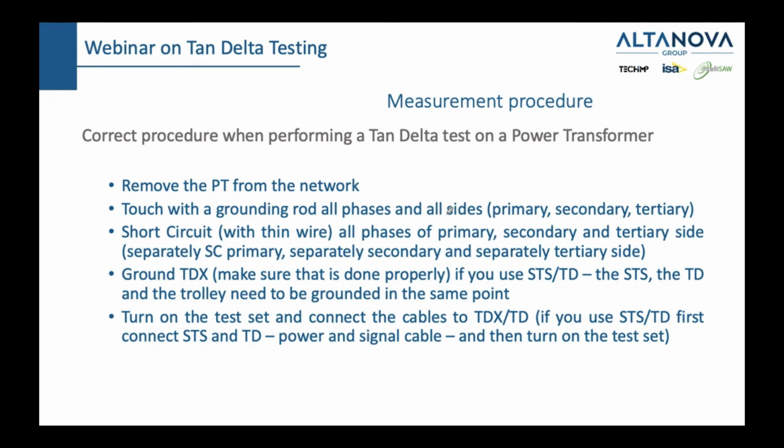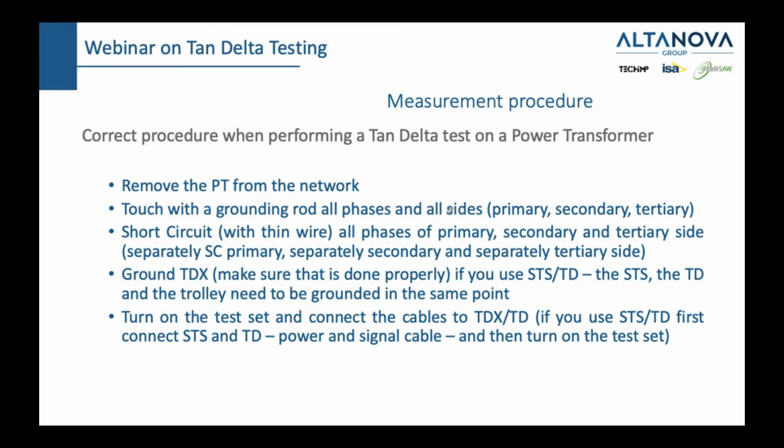The transformer needs to be fully de-energized, because if it's not, some remaining current or voltage can close itself through the tan delta measurement device. And this can damage the testing equipment.